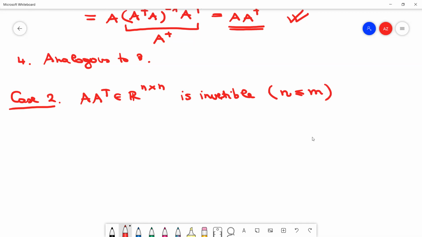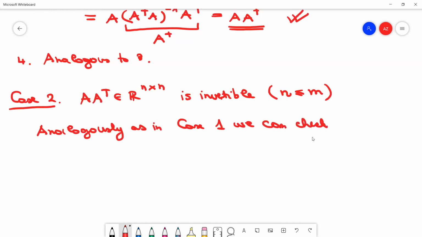Now in this case, analogously as in case 1, we can check that A plus is then equal to A transpose times A A transpose inverse.